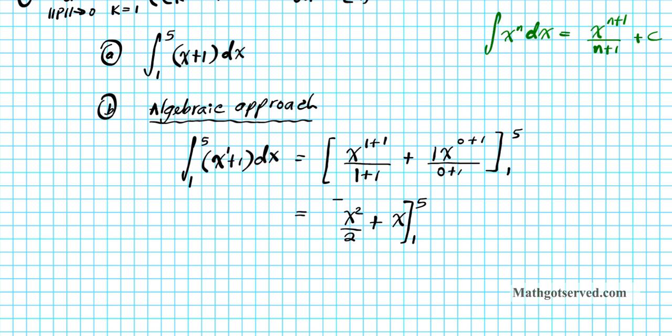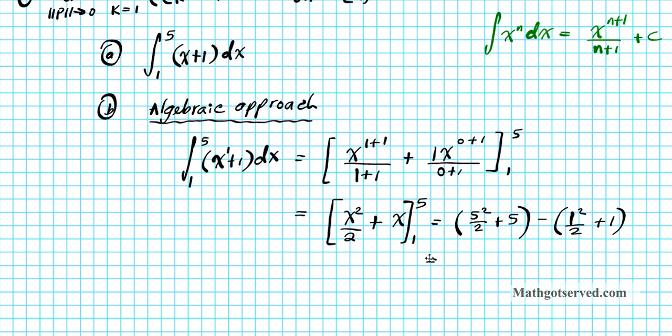So we are going to evaluate the antiderivative at 5 minus the antiderivative at 1. You plug in the upper limit of integration: 5 squared over 2 plus 5, minus what you get when you plug in the lower limit of integration into your antiderivative, which is 1 squared over 2 plus 1.